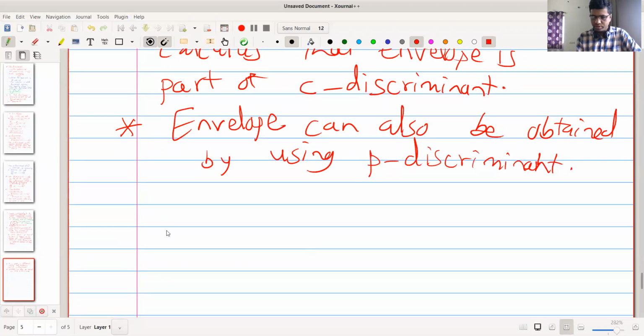Now we discuss singular solution. In the last lecture, we have seen a solution which was not part of the general solution. That means it cannot be obtained by assigning a particular value to the arbitrary constant c in the general solution.